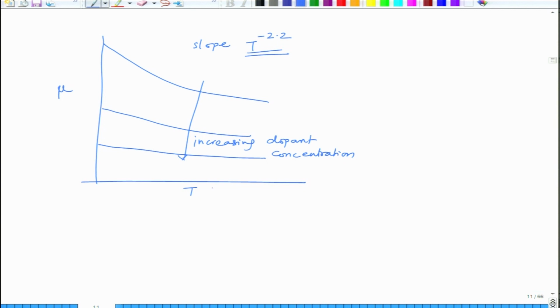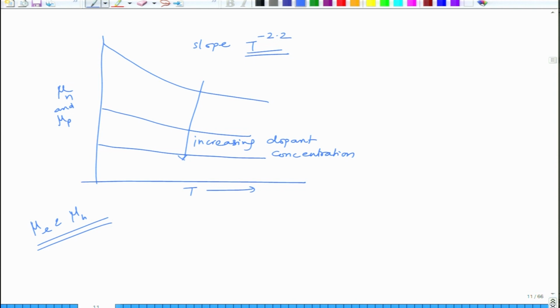This is true for both mu n and mu p, or you can have mu e and mu h. I think we will interchange some of these terms sometimes, but mu e is nothing but mu n and mu h is nothing but mu p. So this is how mobility varies as a function of impurity concentration and temperature.